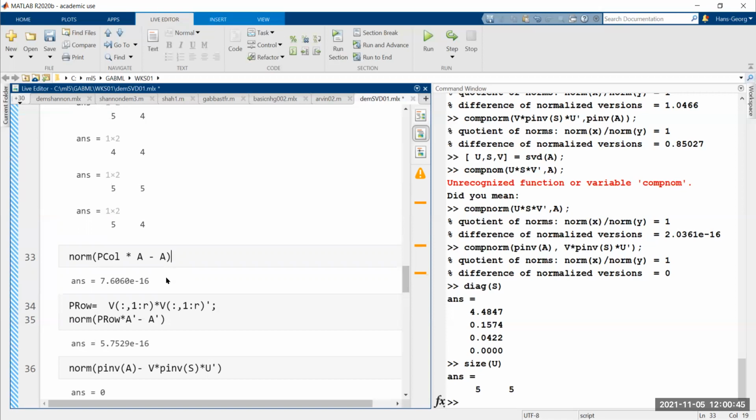On the other hand, the singular value decomposition tells us that this space is three-dimensional and U1, U2, U3 are an orthonormal basis. So this is one way to describe the orthogonal projection operators.